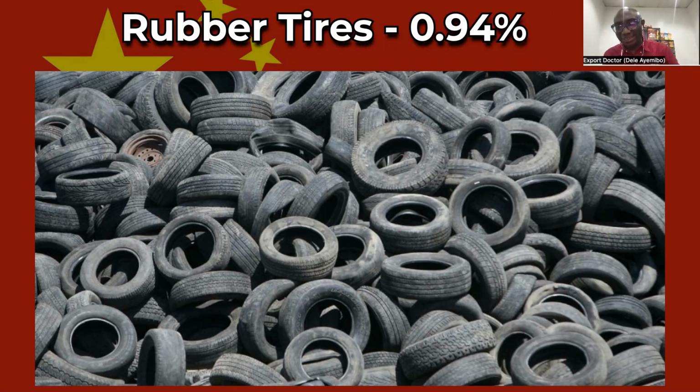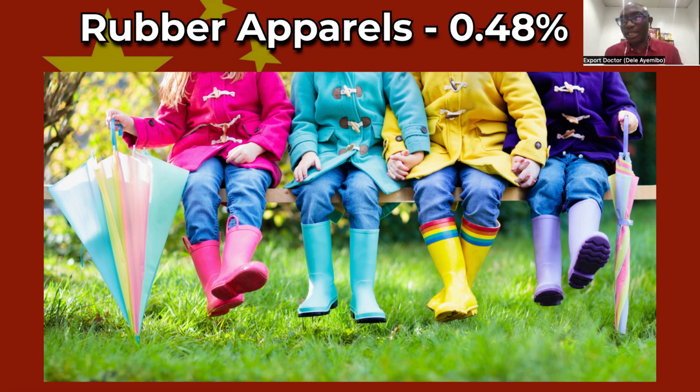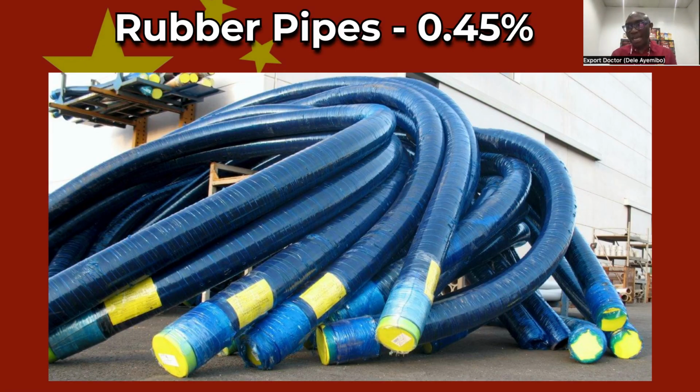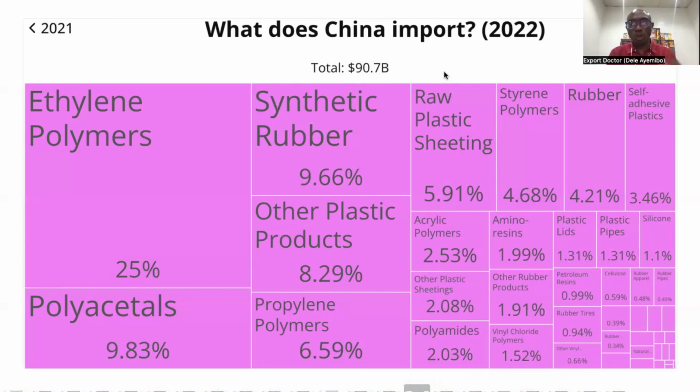Rubber tires, 0.94%. Other vinyl chloride, 0.66%. Rubber apparel, 0.48%. Rubber pipe, 0.45%. So China spent a lot of money importing this item called plastic product, 90.7 billion.